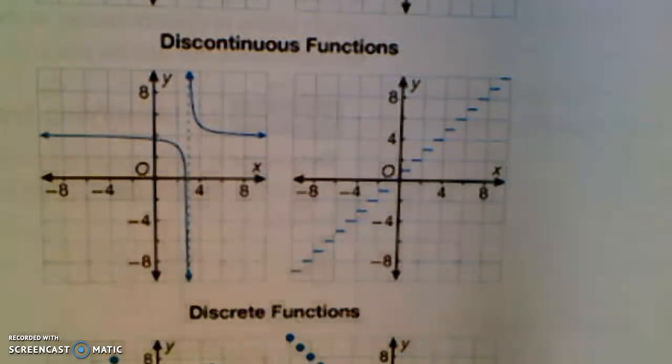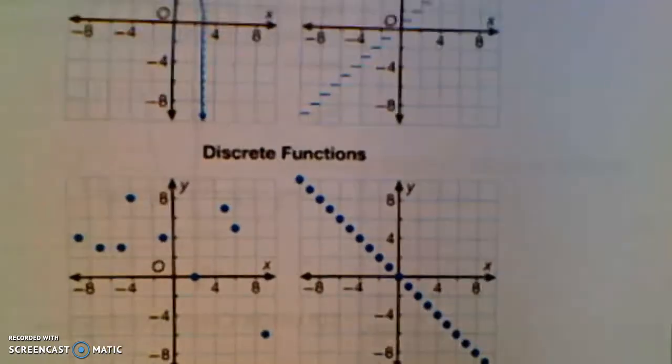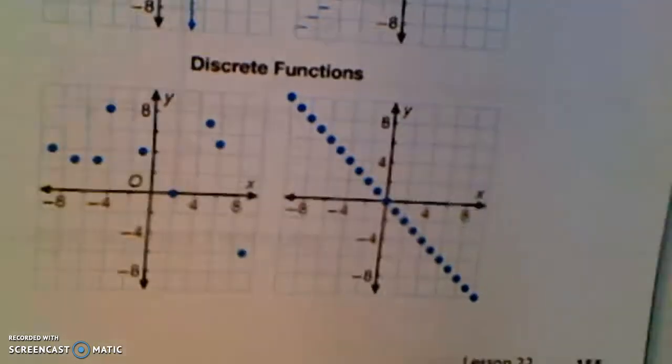The graph on the right, that's what's called the stair step function. So again, obviously not continuous. You can see the breaks from step to step to step, right? So that's discontinuous. The last is one that you may be more familiar with than discontinuous.